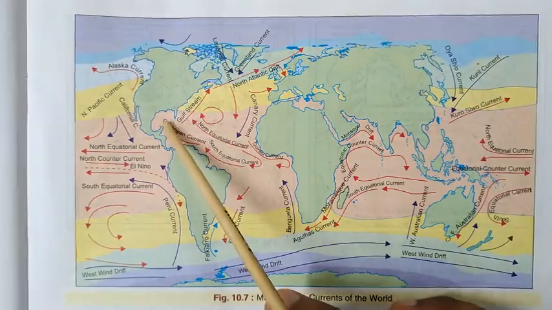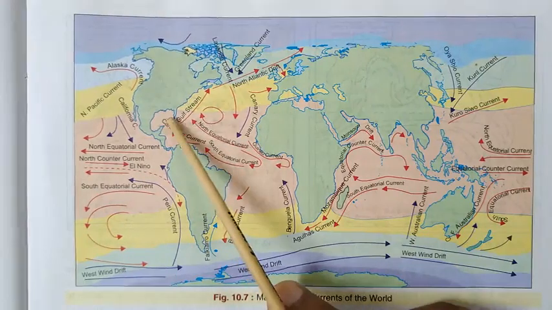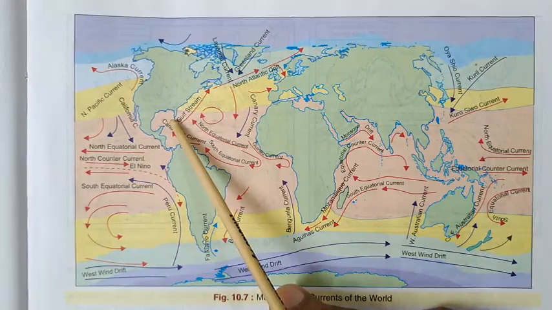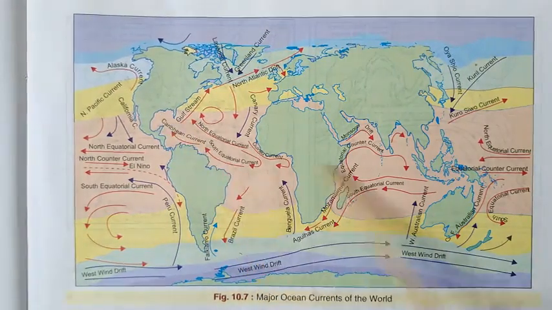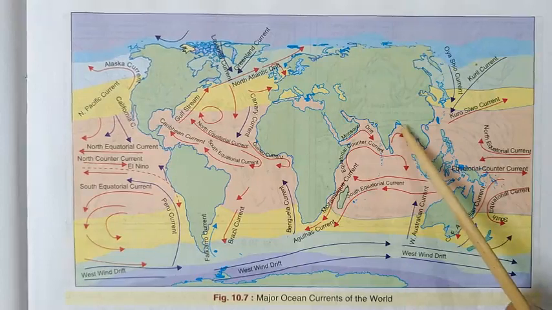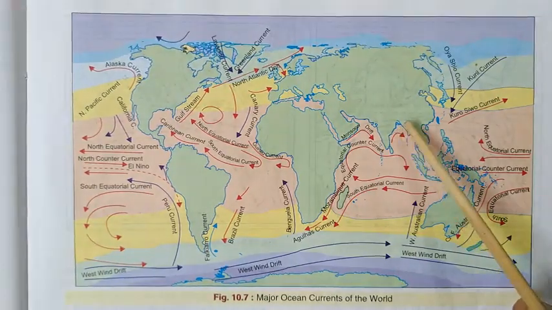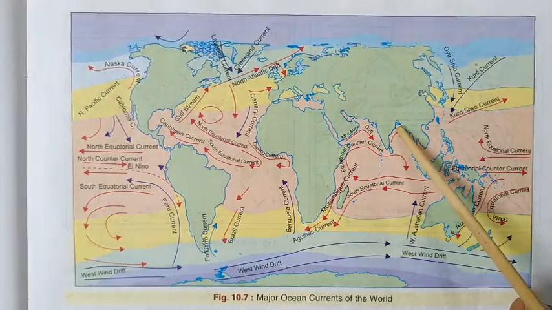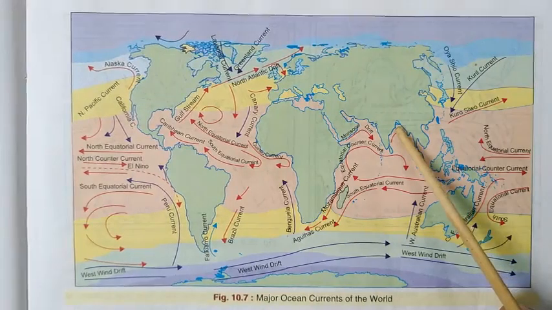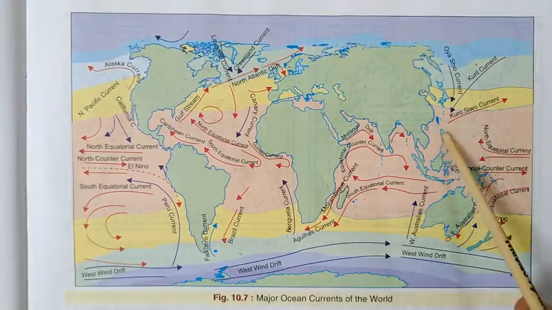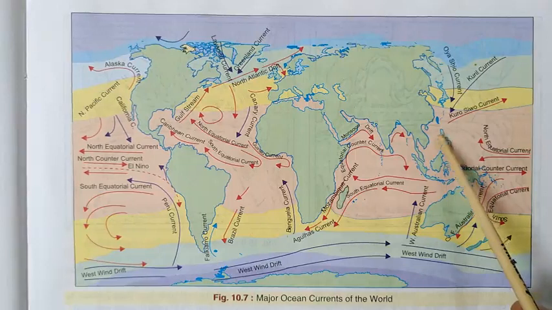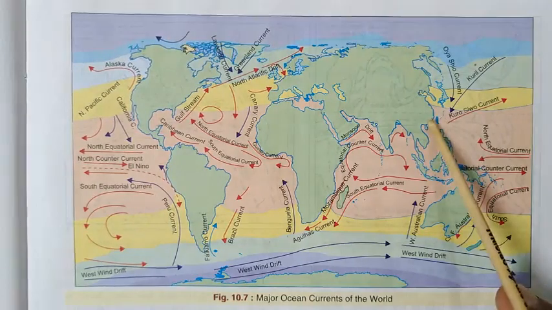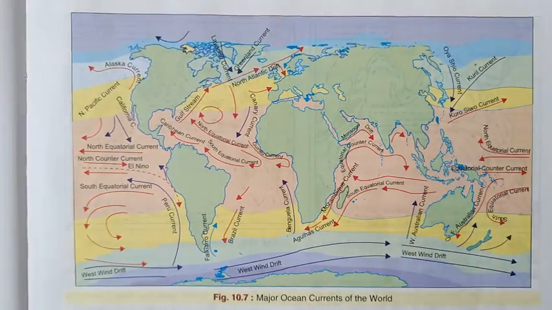Cyclones occur here every year, it is very common. In the Bay of Bengal also, near Odisha and West Bengal, this region is usually hit by cyclones. Then again in the South China Sea, this whole region up to Japan, is also hit by cyclones. Now what is the reason?